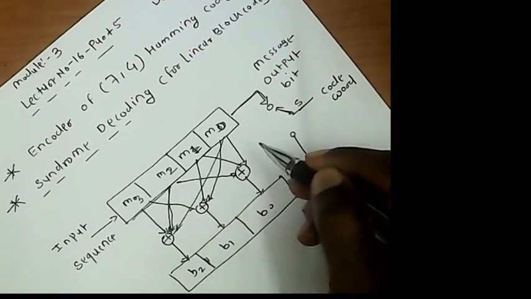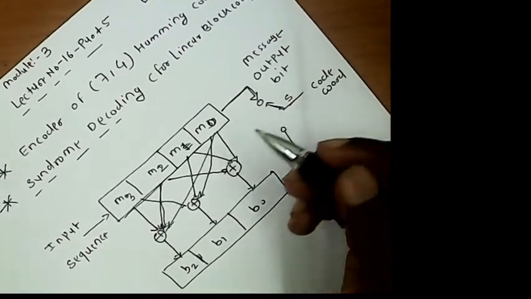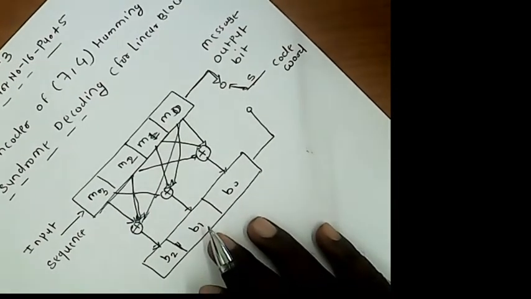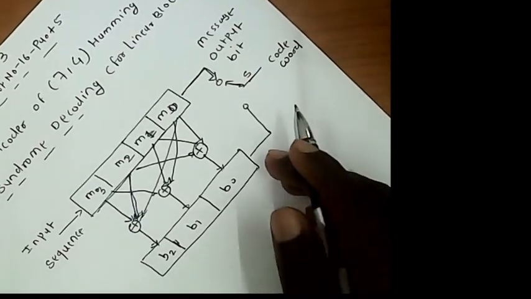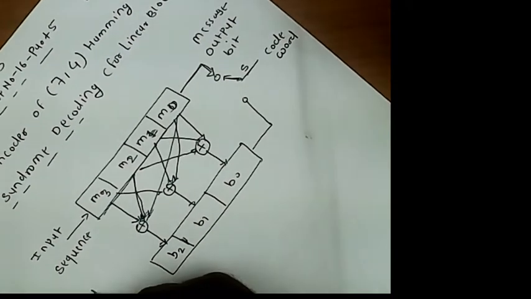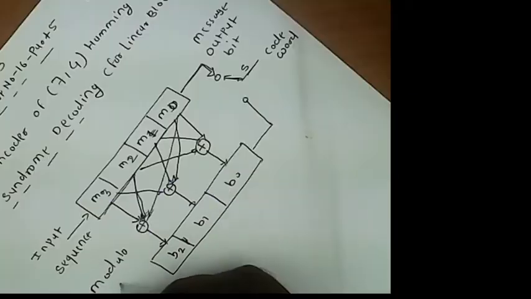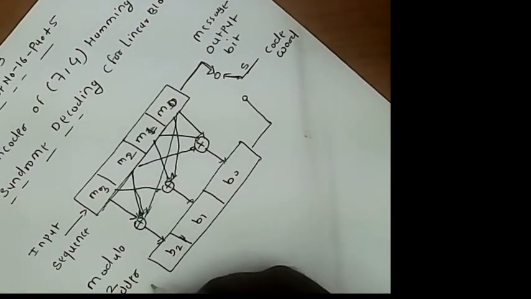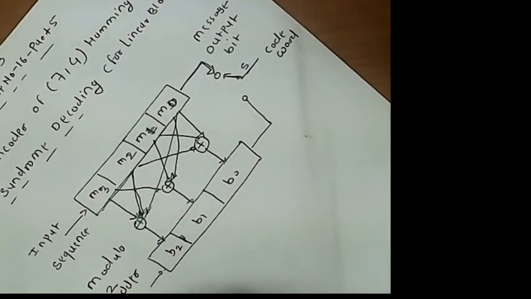So this is a generalized block diagram, and from this block diagram we can also write the equations. So this is a modulo 2 adder, and here are the parity bits.